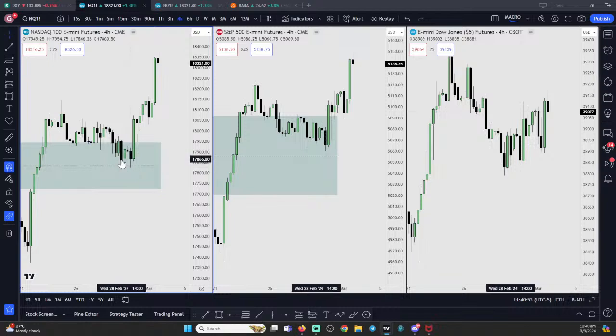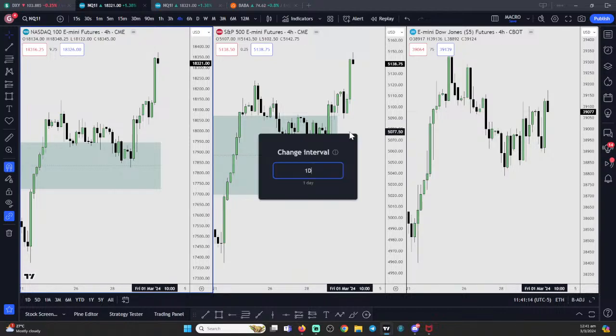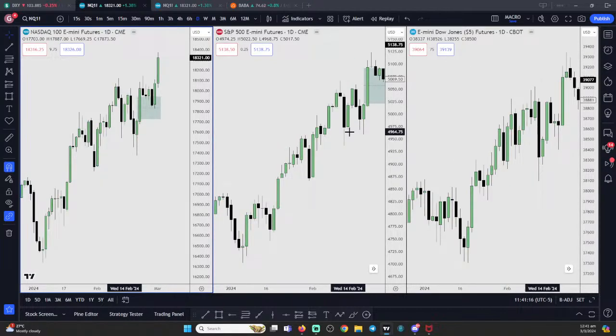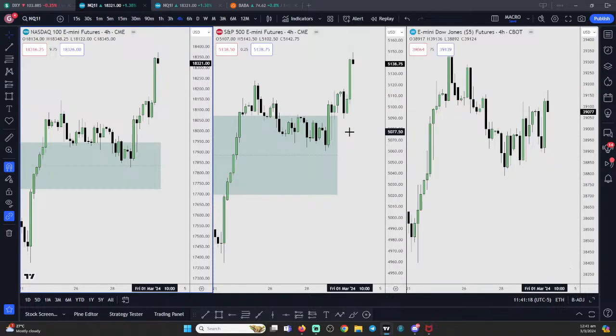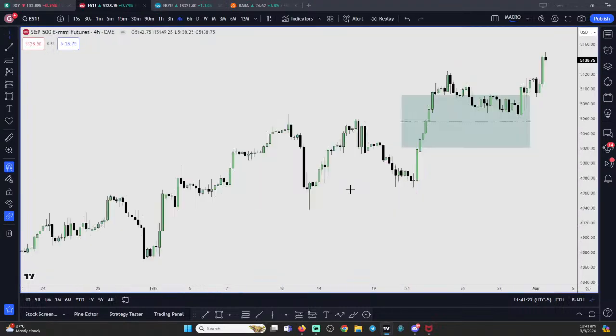So this is very problematic on the lower time frames for NQ, but higher time frames it's very clean. But ES on the other hand, we have a messy higher time frame, but lower time frame it's clean. Okay, so these are the levels that I'm gonna work with heading into next week.